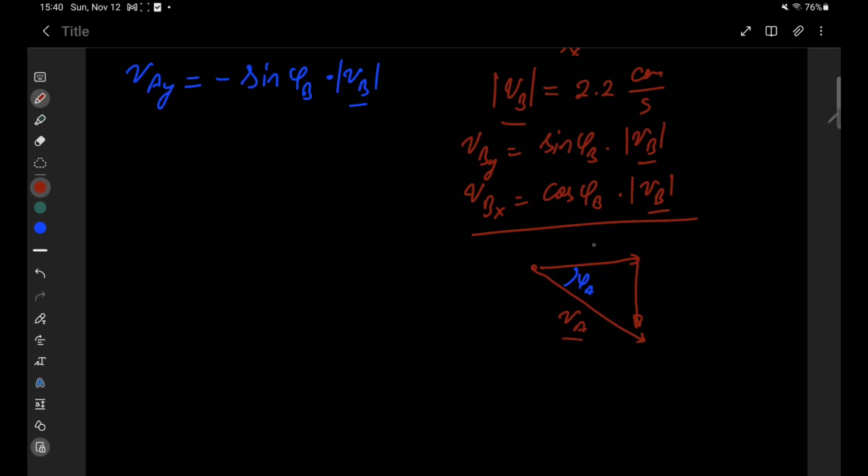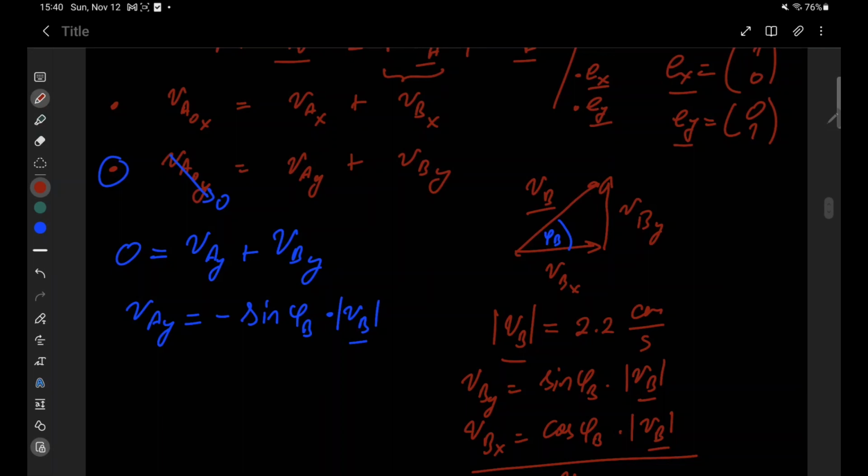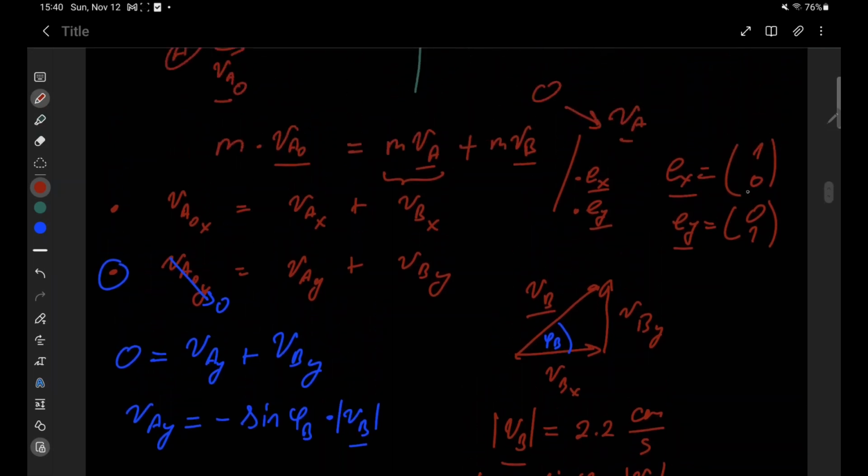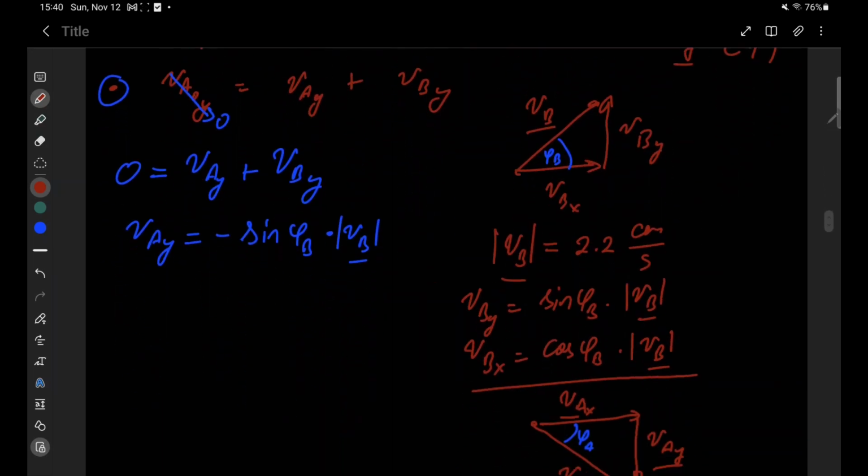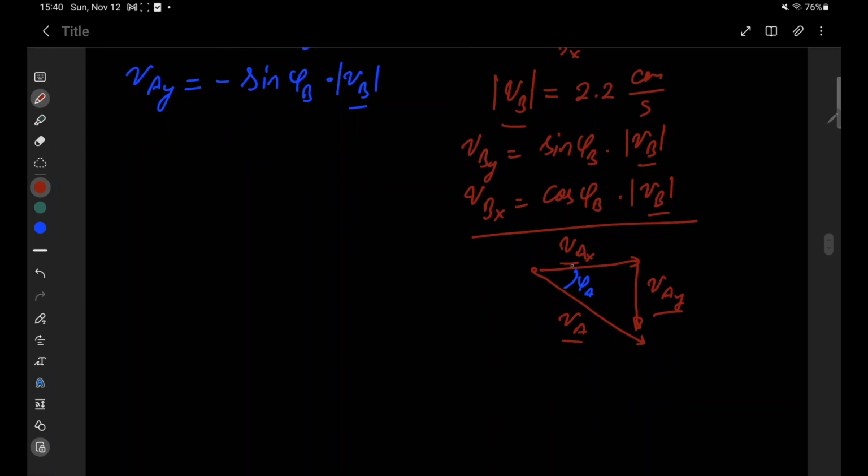And these are the components, or the component vectors, I should say: VAX, VAY. The difference between the component and component vector is that the component is a number and component vector is a number multiplied by one of these two vectors. But when you draw them, they have to be vectors.